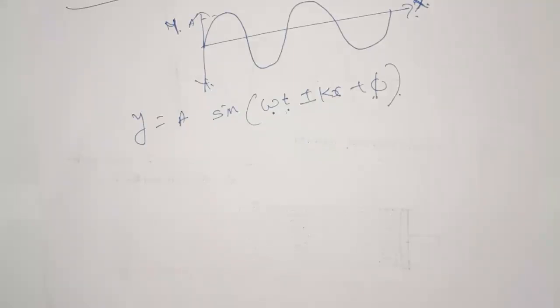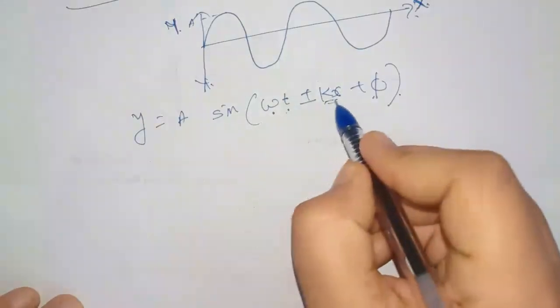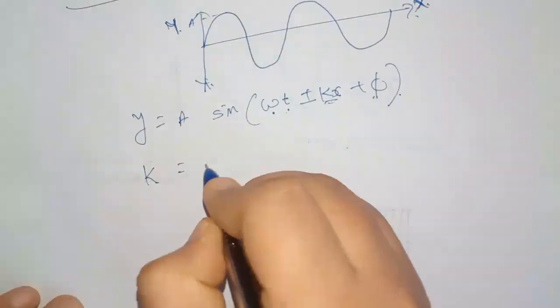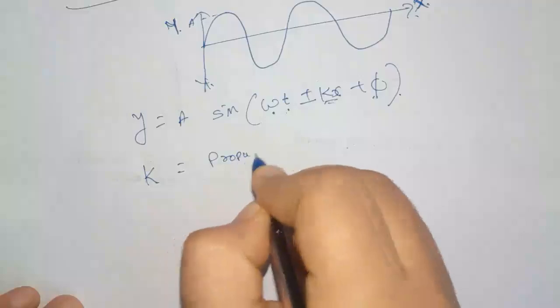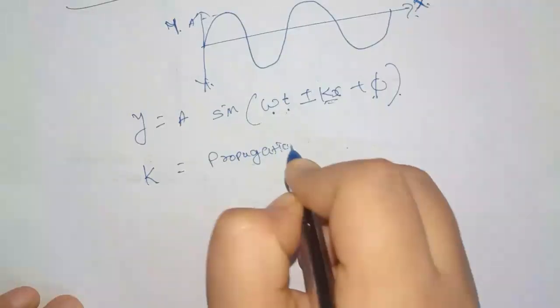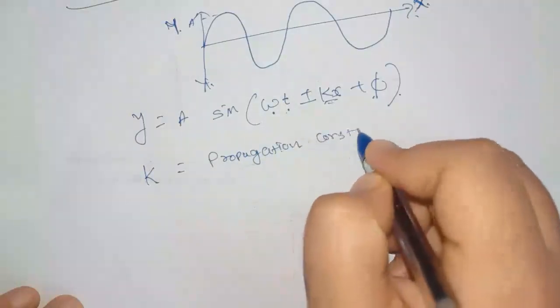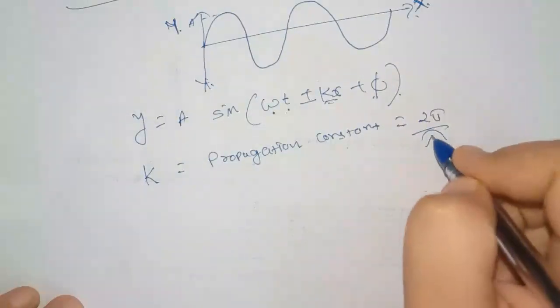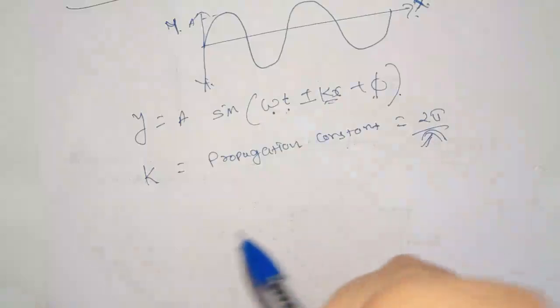The term kx will give the direction of propagation. K is called propagation constant and its value is 2 pi by lambda.